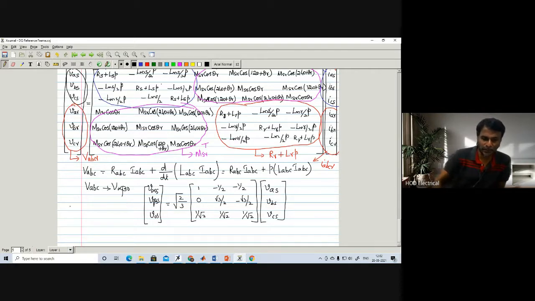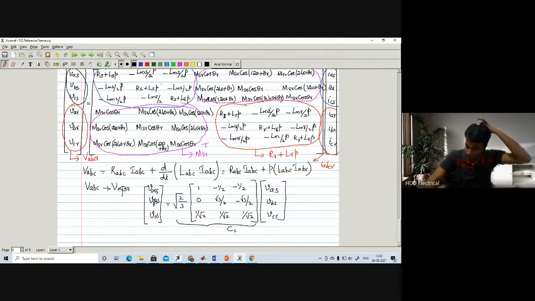Similarly, for the rotor variables also, if you take this entire matrix, you can call it the C1 matrix.